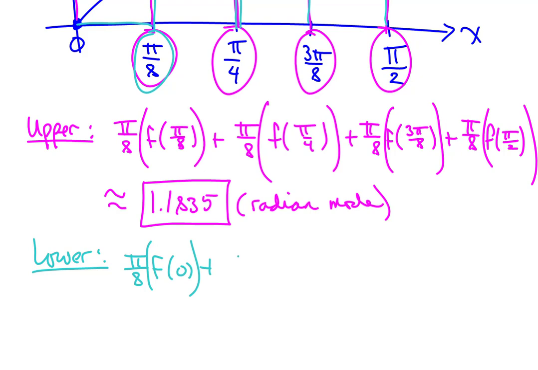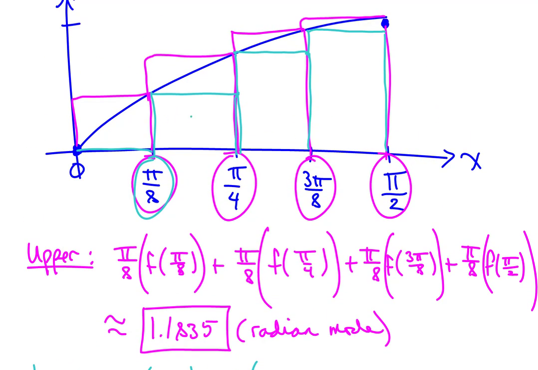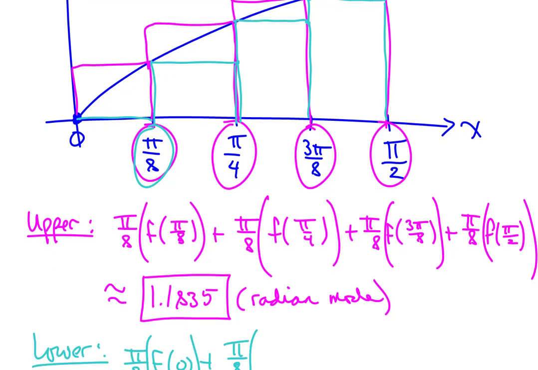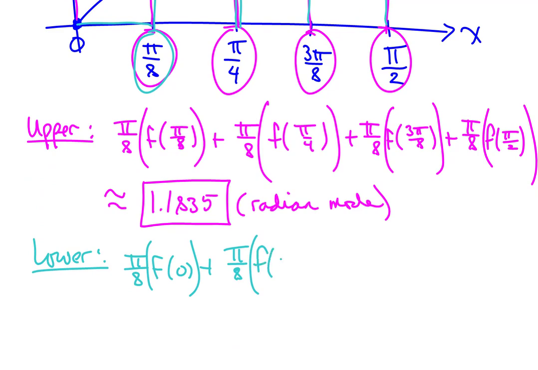That's the first rectangle. The second one would be, again, pi over 8 for the width of it, but now if you go back up to the second turquoise rectangle, the underestimated one, that one had a height of the left boundary being used, which was f of pi over 8. The third rectangle area would be pi over 8 times f of pi over 4.